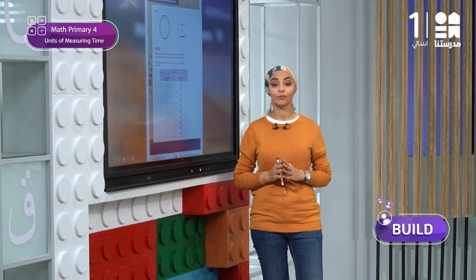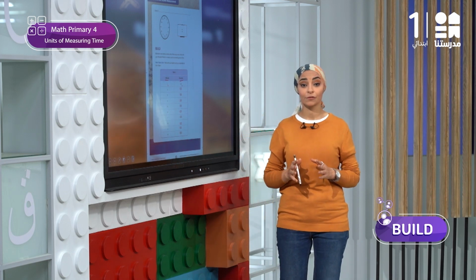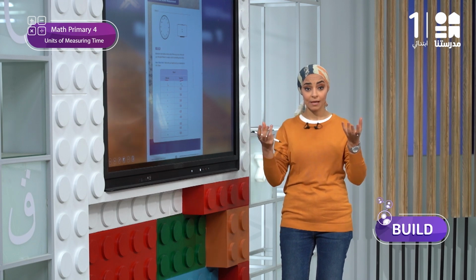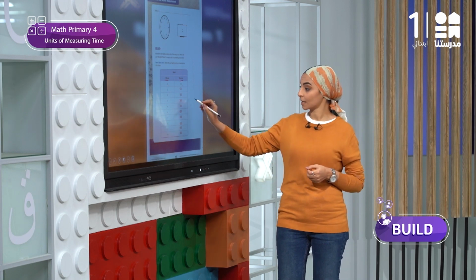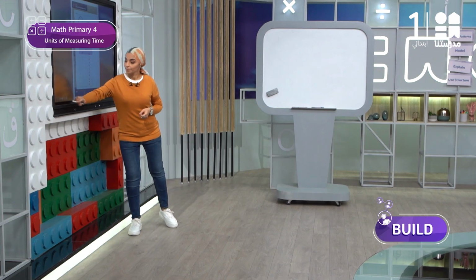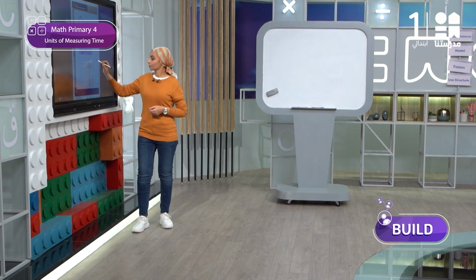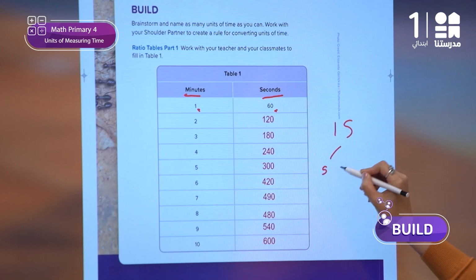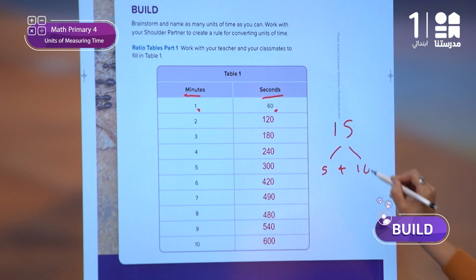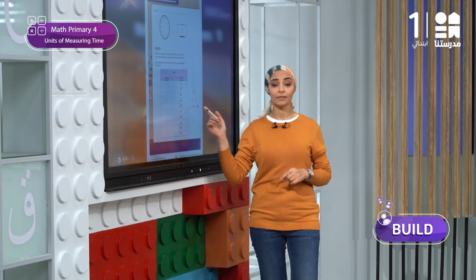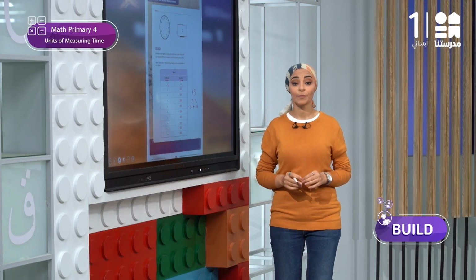To convert 15 minutes into seconds, what will I do? I can make 15 equal 5 plus 10, like you see here. So 15 means 5 plus 10, right? If you look at the table, we will see that 5 minutes equals what?